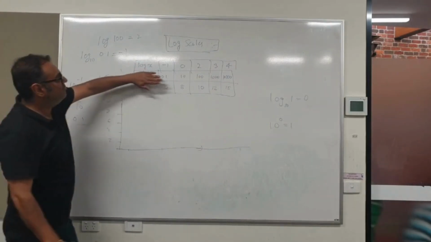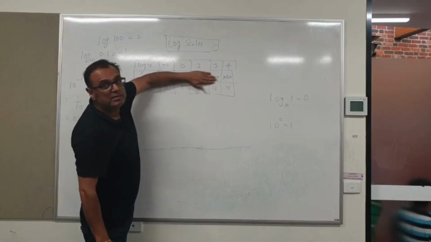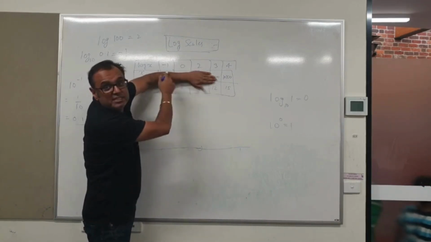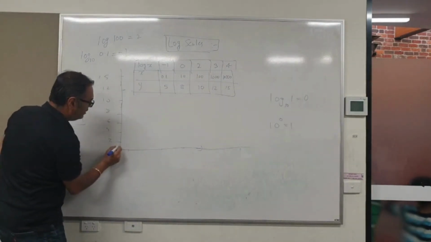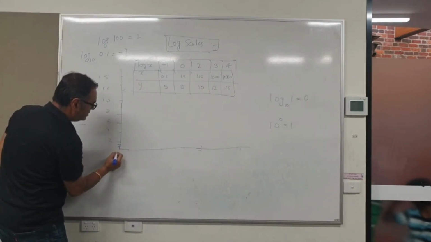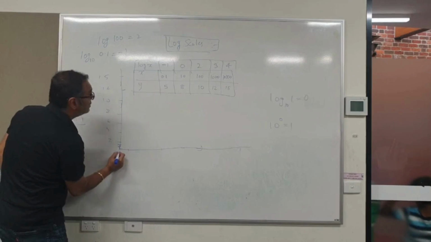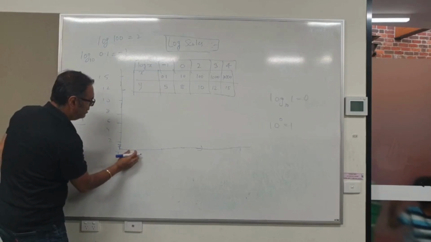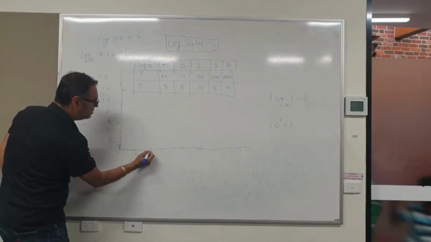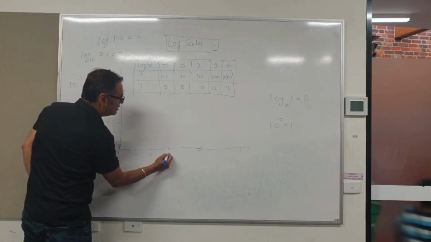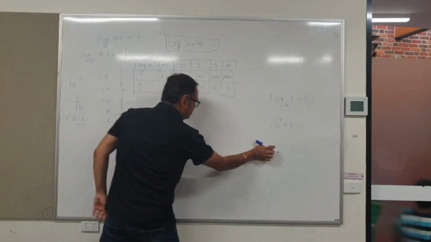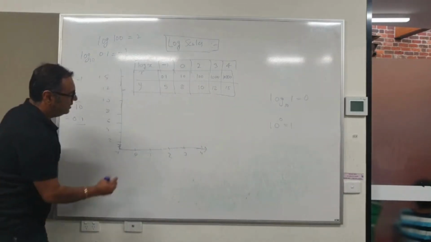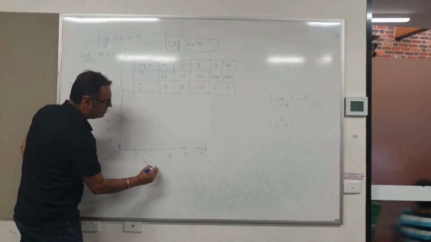Now, you see, if you forget this for a second, you see now it is very scalable. Right? So you can start from here. You can say, okay, this is my negative 1, that's my 0, that's my 1, that's my 2, that's my 3, and that's my 4. Finish. And here you say, I'm scaling log x.